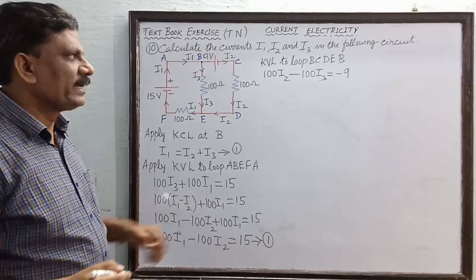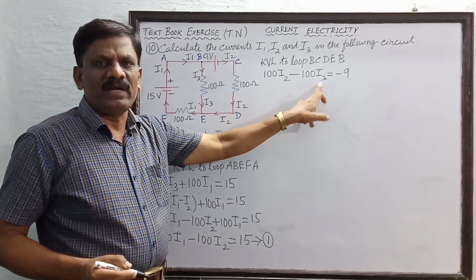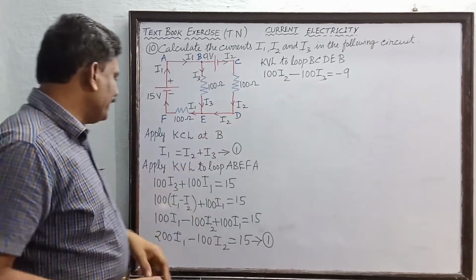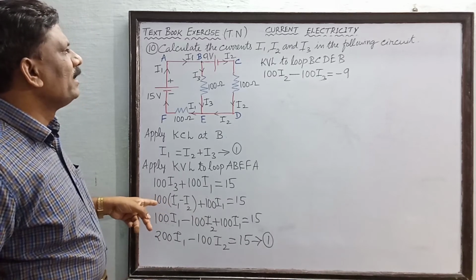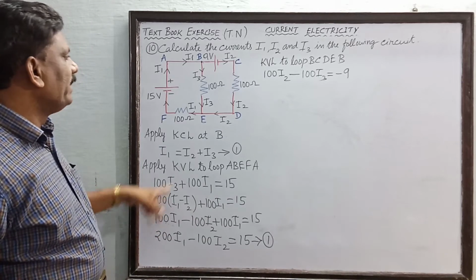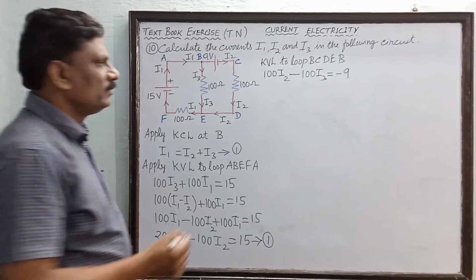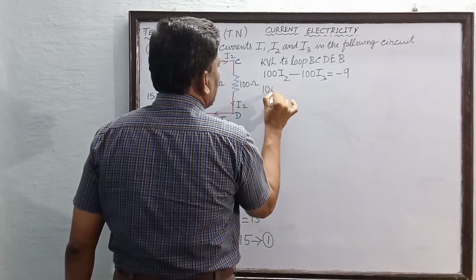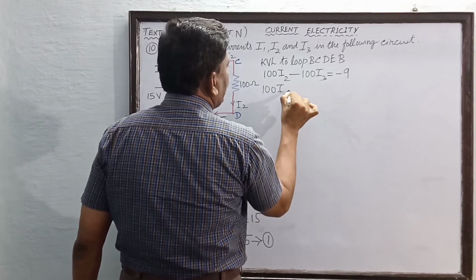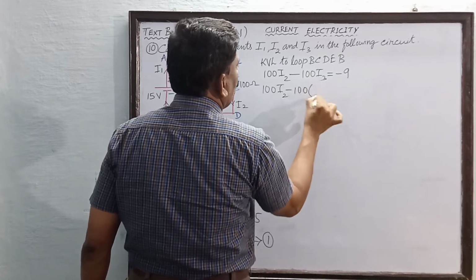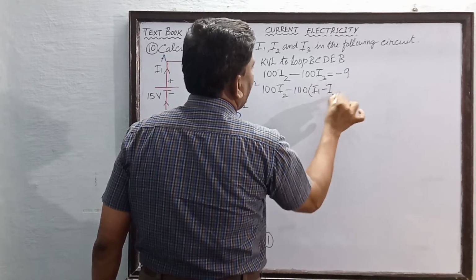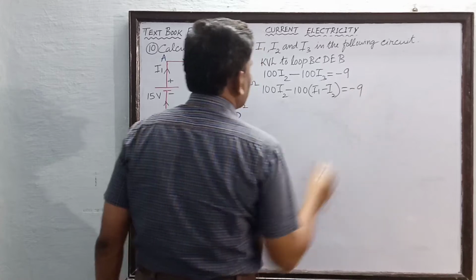Okay. Once again, I am going to substitute for I3. So what can I substitute here? I3 is equal to I1 minus I2. Okay. So this is 100 I2 minus 100 into I1 minus I2 is equal to minus 9.